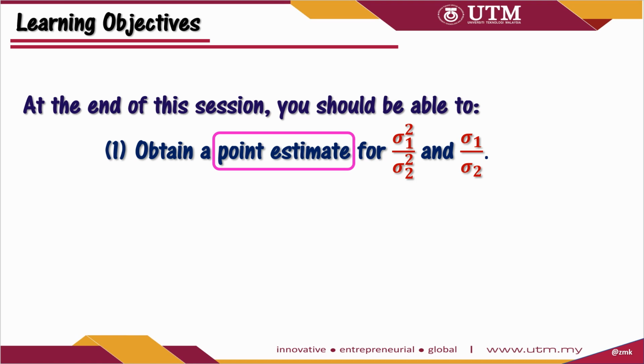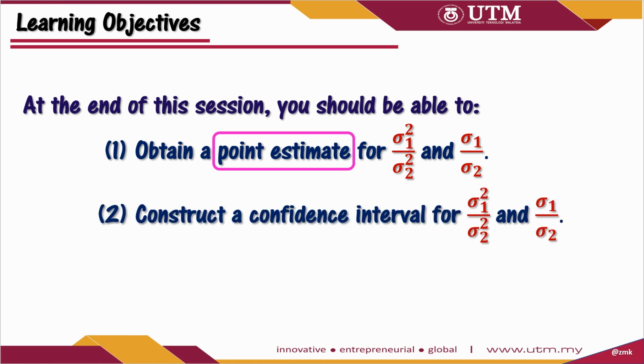The second learning objective is you should be able to construct a confidence interval for the ratio of sigma 1 squared to sigma 2 squared, and hence for the ratio of sigma 1 to sigma 2, or vice versa if you're talking about sigma 2 squared over sigma 1 squared, and hence for sigma 2 over sigma 1.